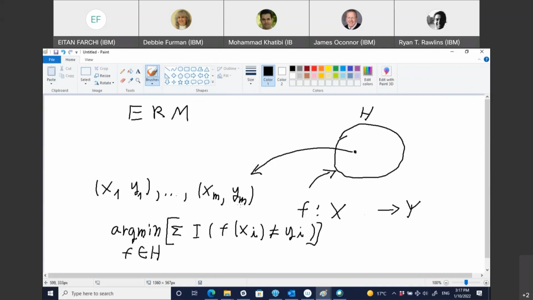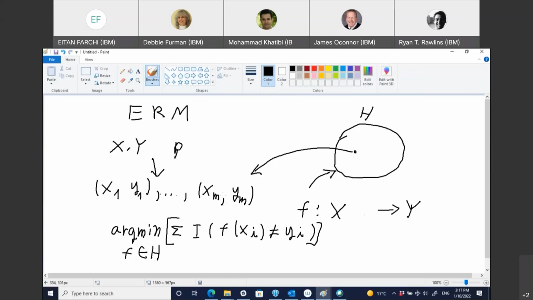I'm picking this set of data from x times y using some probability measure on it, just picking randomly using the probability measure that applies.